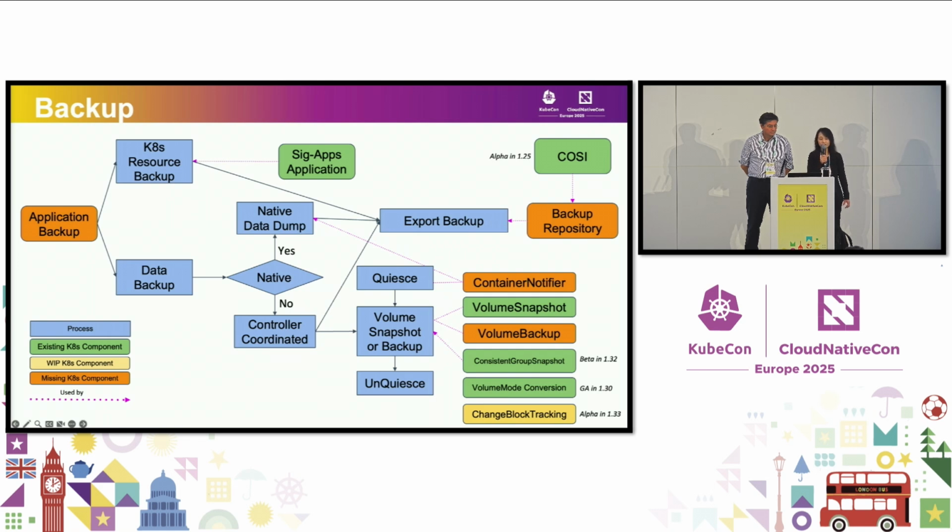That feature is still alpha. Now the team is trying to bring it to alpha 2. We also have the change block tracking feature that is targeting alpha in the 1.33 release. And this provides a way to retrieve the metadata of changed blocks between two snapshots to enable efficient backups.